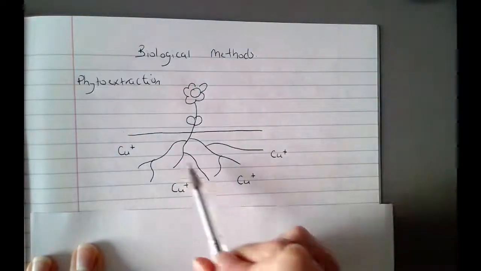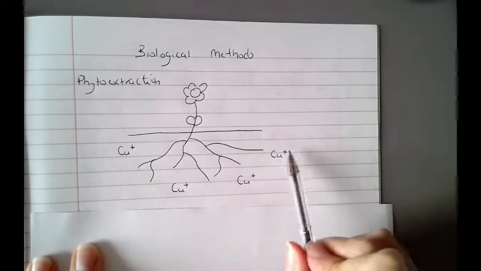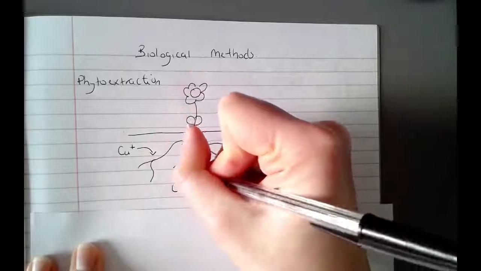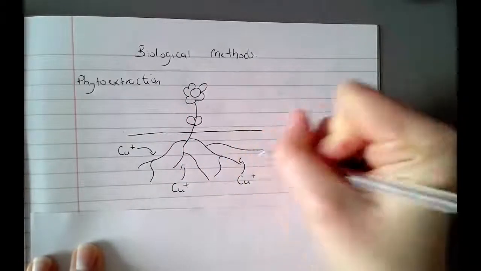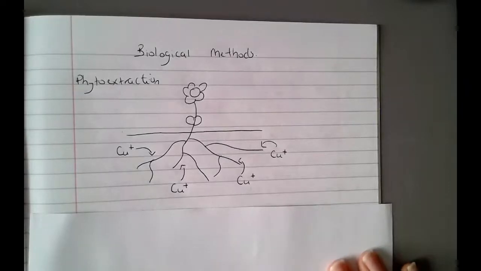So here I have got the roots and some copper, which are metal ions, in the soil, and the plant can absorb those copper ions into their roots using active transport. The copper ions will all collect in the plant's roots and become concentrated. You'll end up with lots of copper ions concentrated in the roots of the plant.